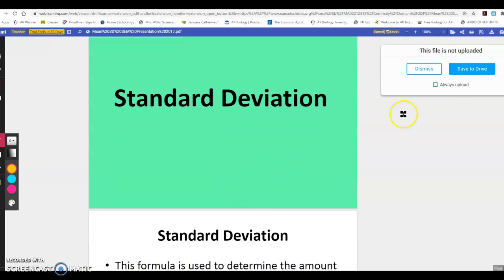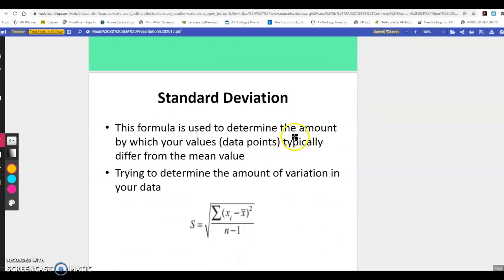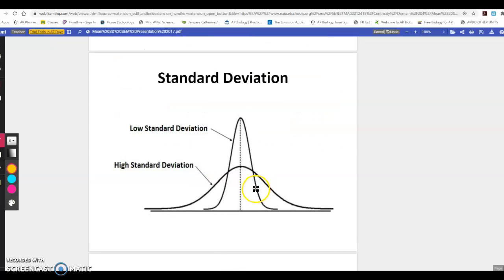Standard deviation is determining the amount by which our values typically differ from the mean. Again, you have the equation here, and we'll go through what this means in a second. But if you have a low standard deviation, everything is going to be right around the mean, so you're going to have a very nice high bell curve.